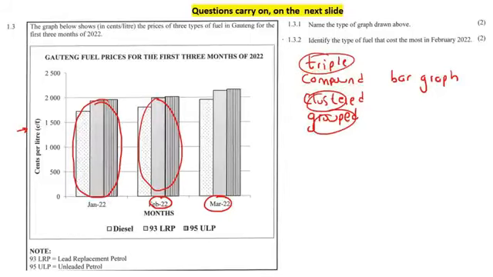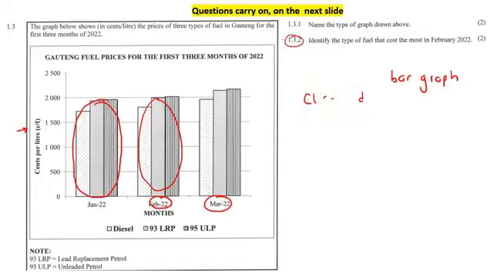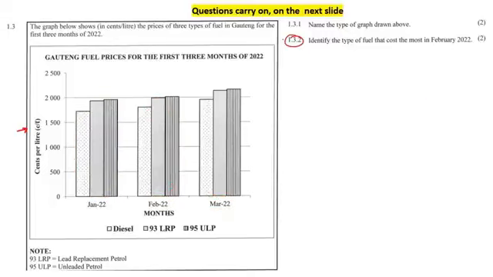The next question says, identify the type of fuel that costs the most in February. Okay, so we're going to go to February, so we're not going to look at that, and we're not going to look at that. And they said identify the type that costs the most. Now, does anyone have a magnifying glass? I'm just joking.